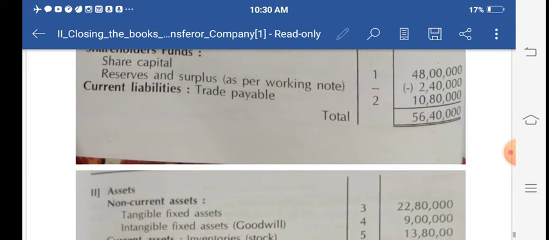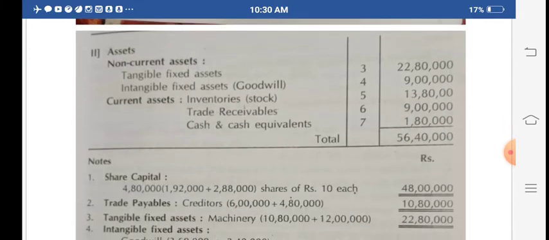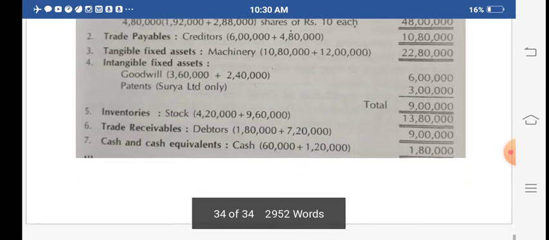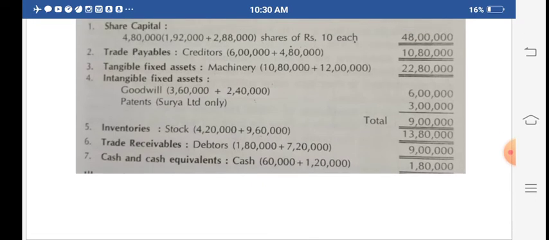Now see the asset side. Under the assets, non-current assets, the intangible fixed assets include goodwill. For Surya Company Limited it's 3,60,000, and for Udaya Company it's 2,40,000. The total is 6 lakh, as well as the patents.